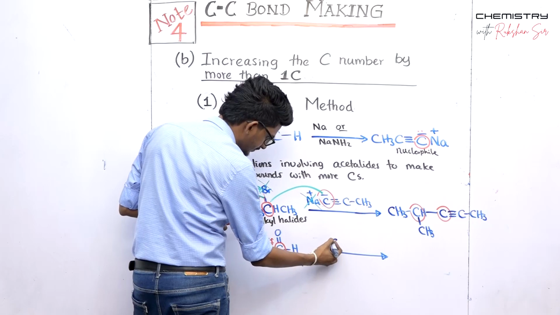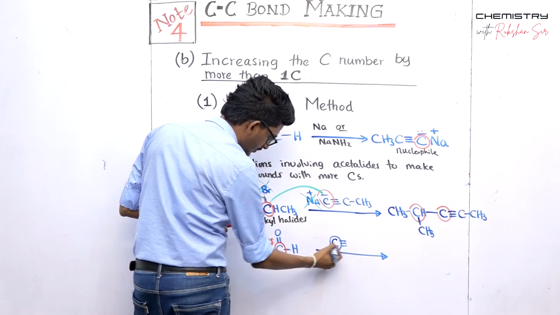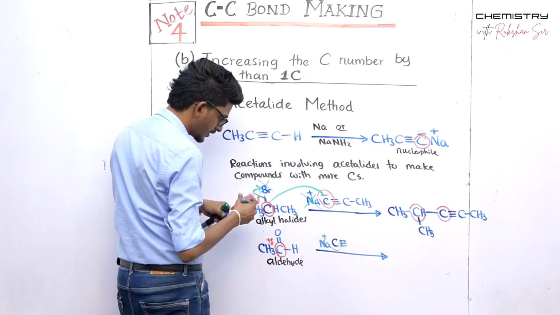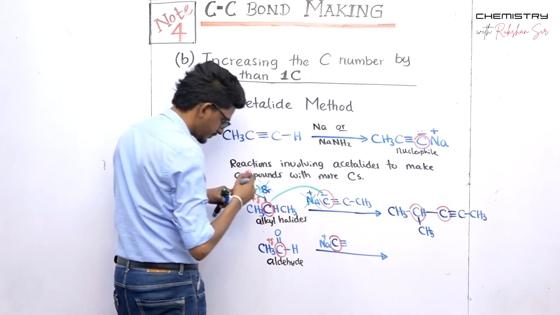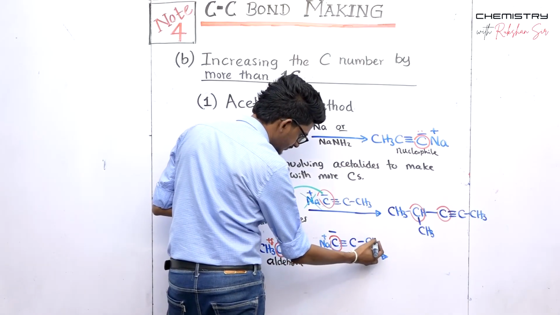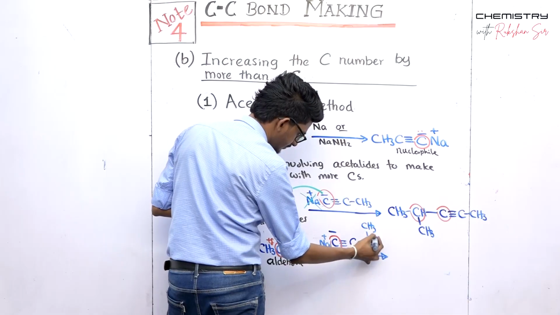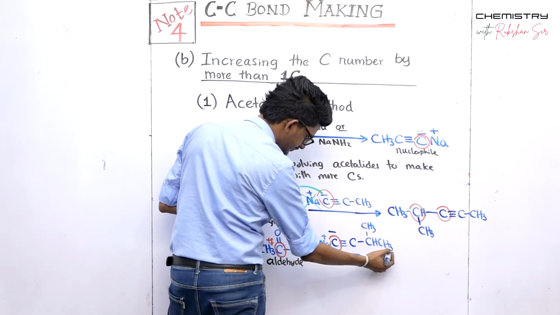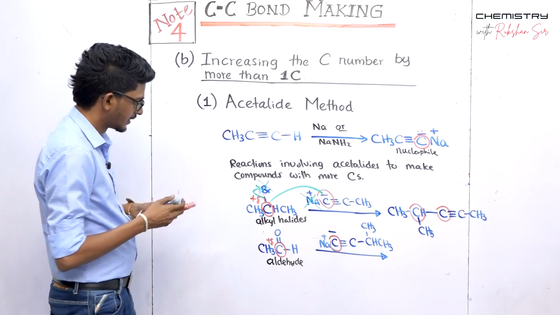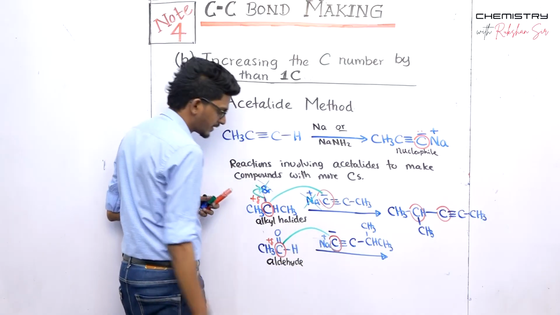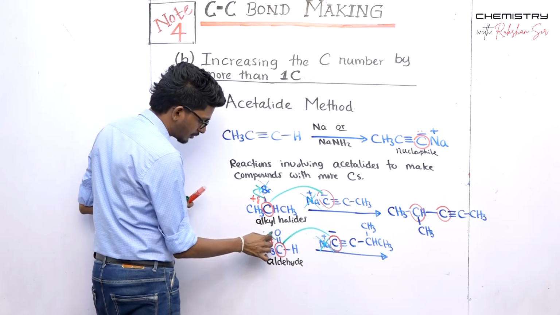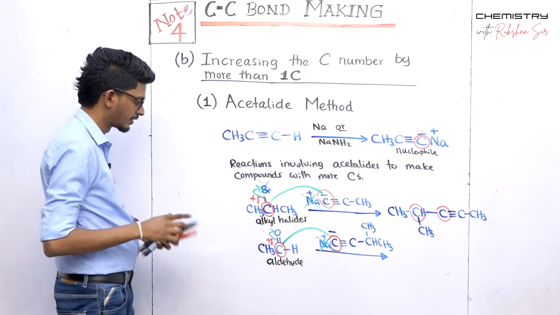See, this is the acetylide carbon. This is a functional carbon, the acetylide carbon. Let's come up with some new acetylide. So what will happen? These two things will connect, leaving the sodium from this side, and from this side, this pi bond will break.